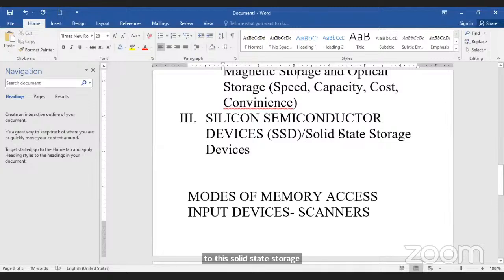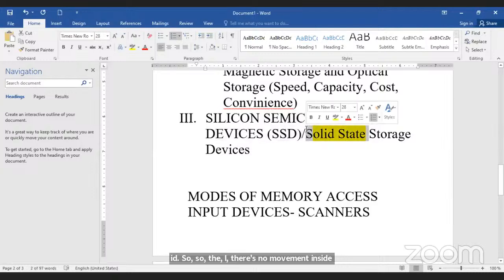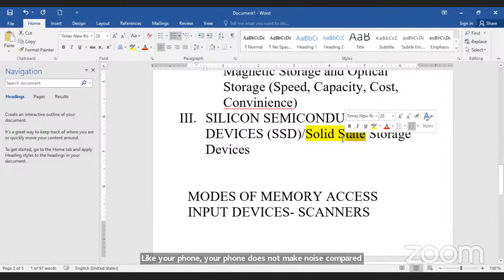Solid means there's no movement inside. Like your phone does not make noise compared to a computer, because the storage your phone uses is solid.